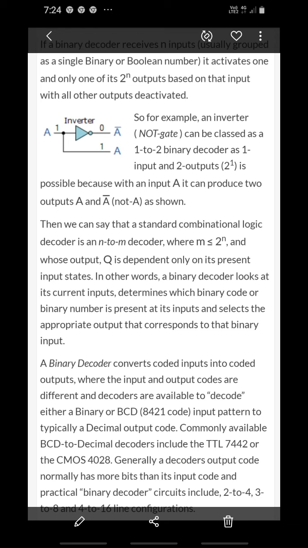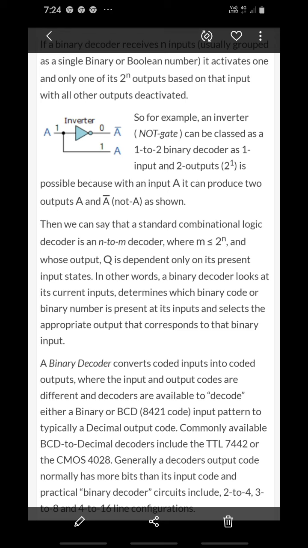In other words, a binary decoder looks at its current inputs, determines which binary code or binary number is present at its inputs, and selects the appropriate output that corresponds to that binary input.